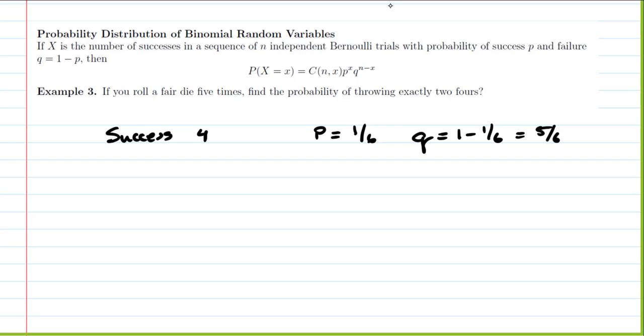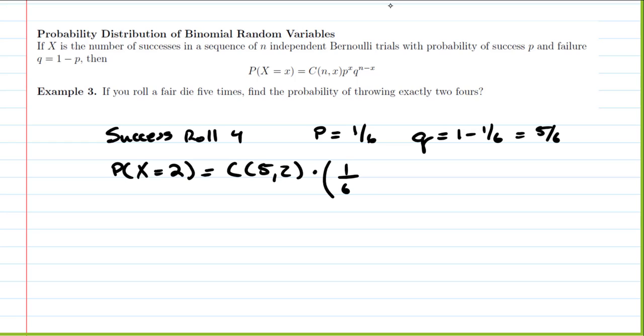So that means our probability that we get exactly 2 of them is going to be, out of our 5 rolls, 5 choose 2 times our probability of success, which is 1 over 6 squared, times our probability of failure, which is 5 over 6. And we're going to raise that to the 5 minus 2.